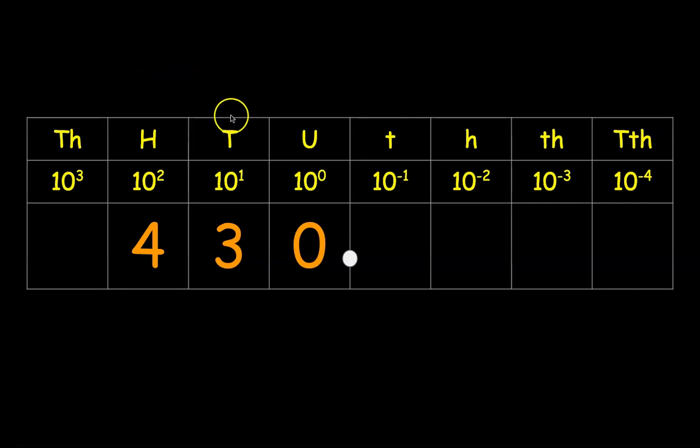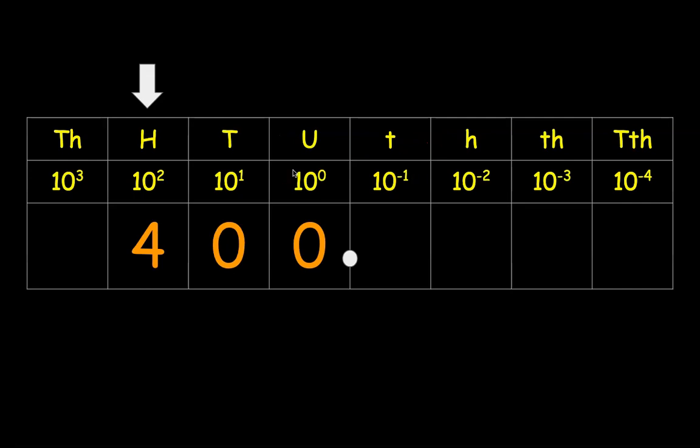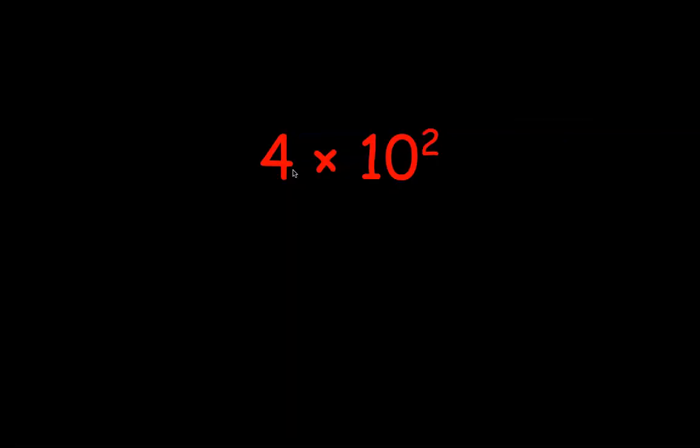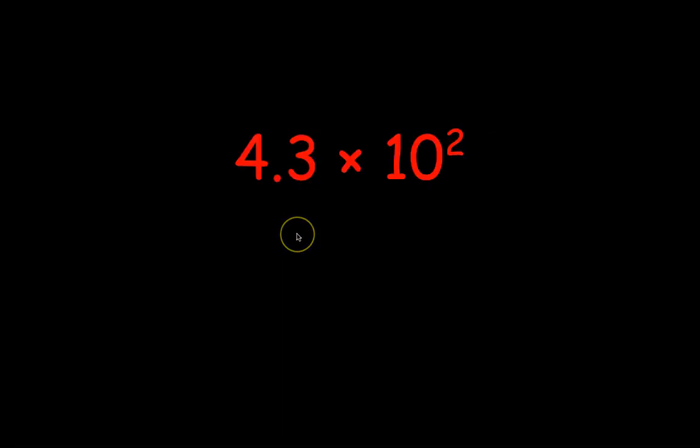What we realize is that this place over here, or this column, whatever language you choose to use, is 1/10 of this column. This column is 10 times smaller than that column. So if we say 4 times 10 squared and the 4 is in the ones column, where will the 3 go? It will go in the tenths column, which is just to the right of the decimal point. So we get 4.3 times 10 to the power of 2.